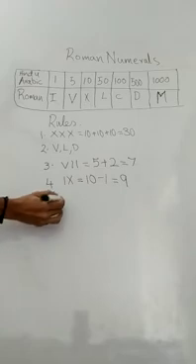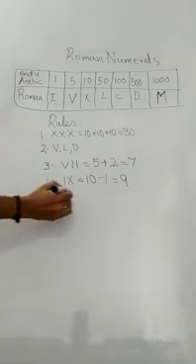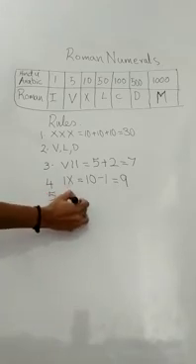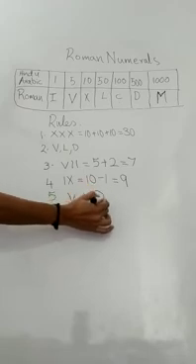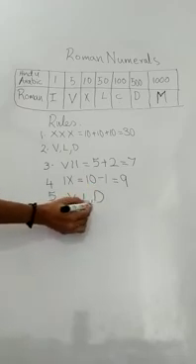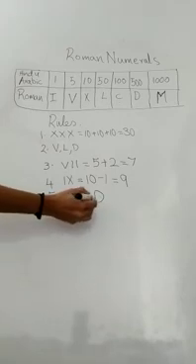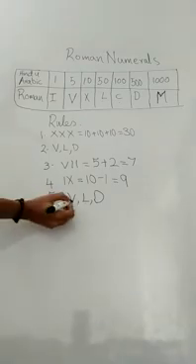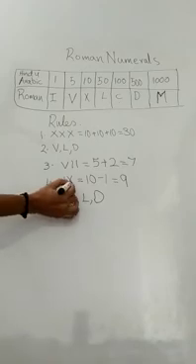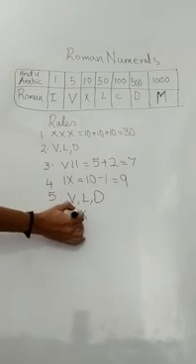Okay. Now let us go to the fifth rule. The rule is that 5, 50 and 500 cannot be written to the left of a symbol that is greater. 5 is written this way, 50 like this and 500. As an example, 10 is greater than 5, but you cannot write 5 on the left side.